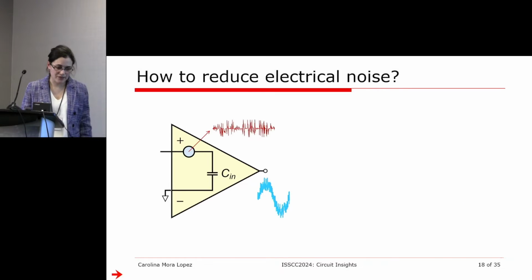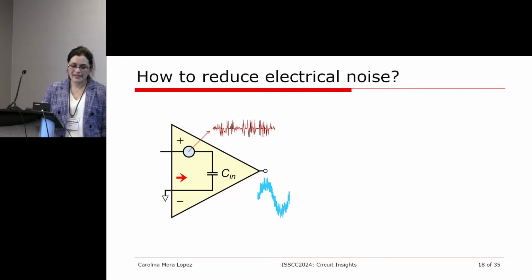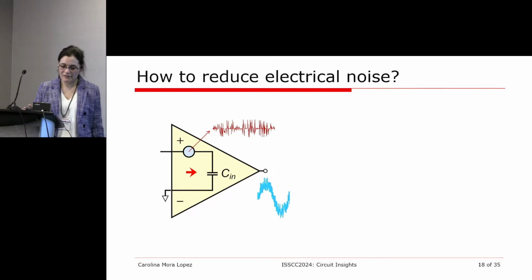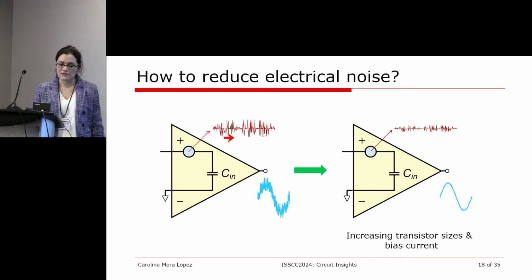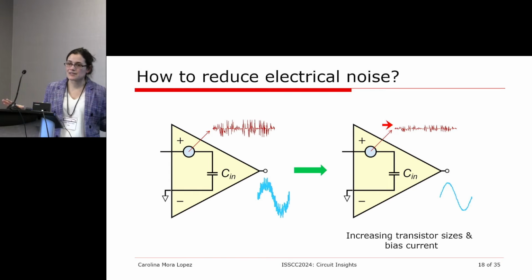So what else can you do? Instead of doing filtering, you can think of a technique. How can I design my amplifier such that instead of generating this large noise, it generates a much smaller noise? There are many circuit techniques to do that. You will find books and papers, and this is a very active subject of research.